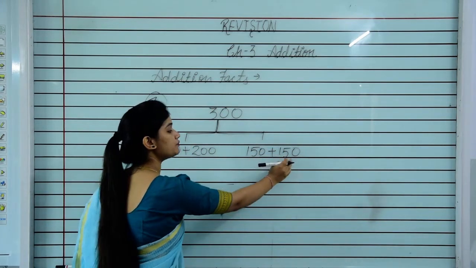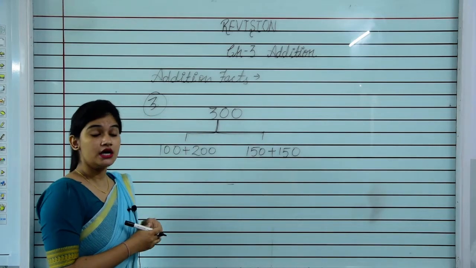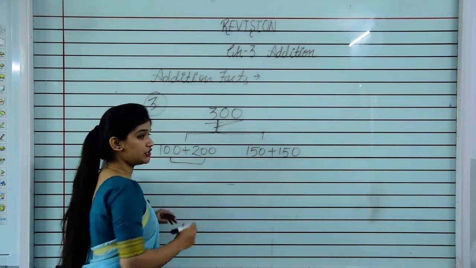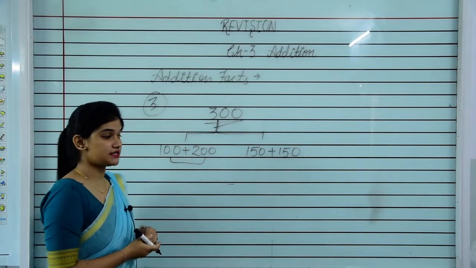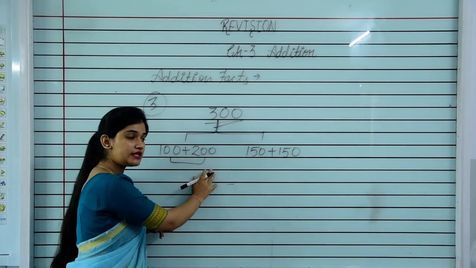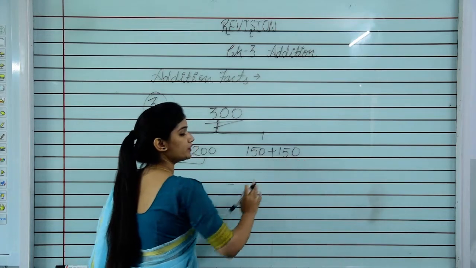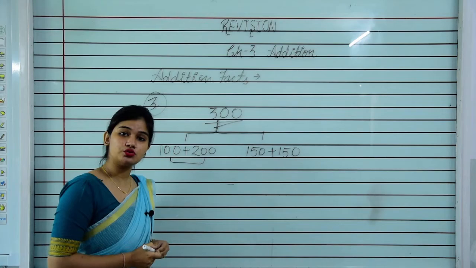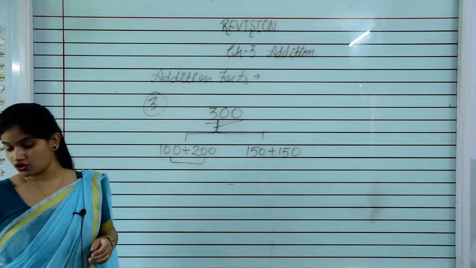Again 150 plus 150 will be 300. It means we can write this 300 in this addition form in different ways. मैं इसको 100 plus 200 भी लिख सकती हूँ और 150 plus 150 भी लिख सकती हूँ. So this is the third addition fact. Understood, students? Now we move to the next topic, students.